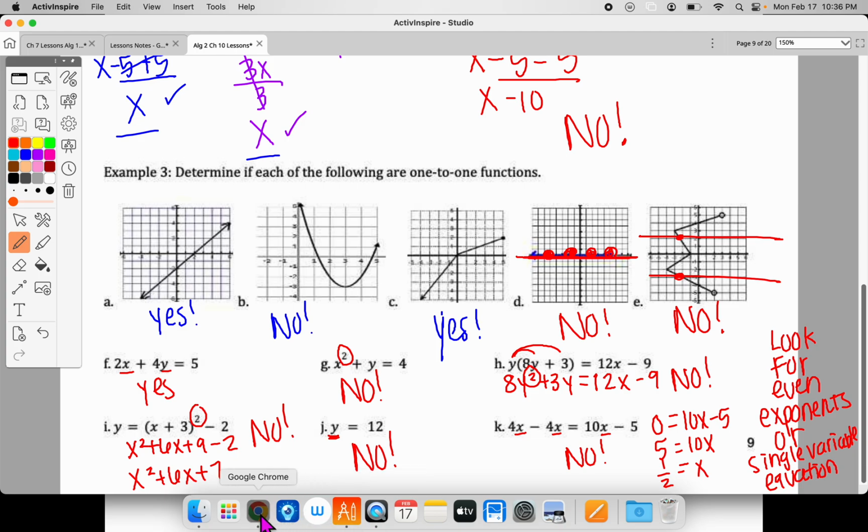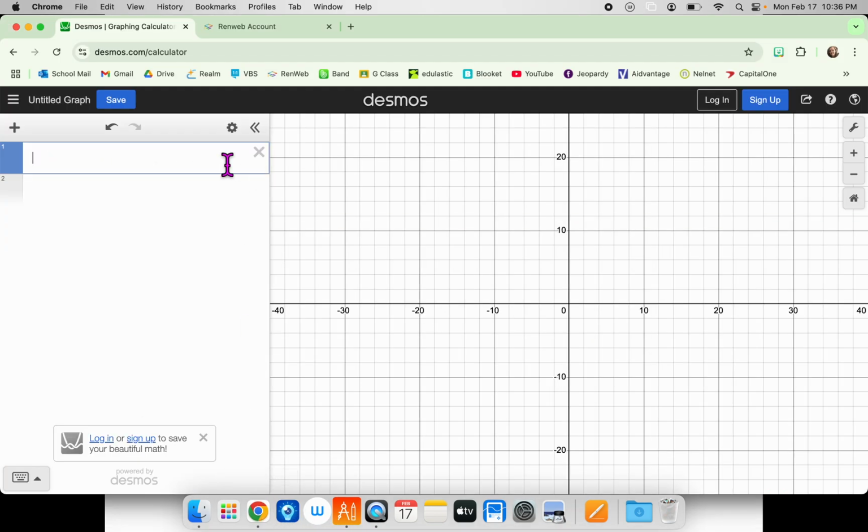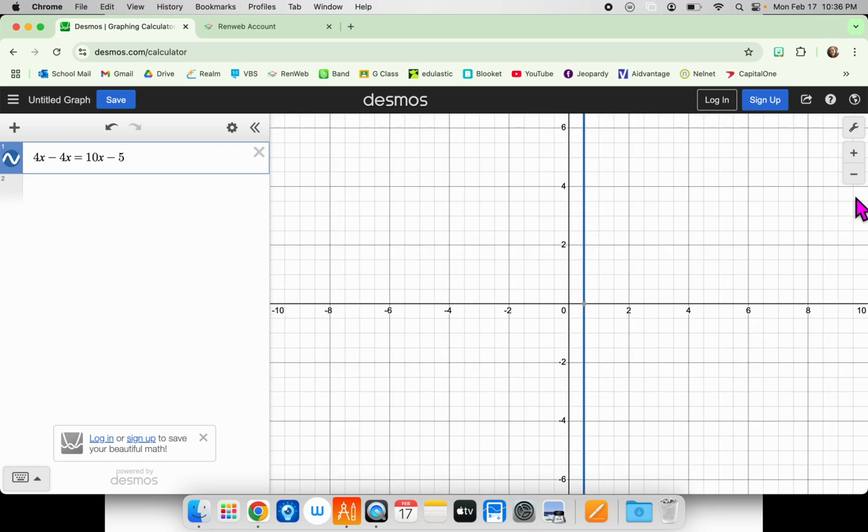But it doesn't matter because it's still only one variable. So if I were to plug this in, equals 10x minus 5, this one gives me a vertical line because it's just x values. So that's not going to pass the horizontal line or the vertical line test this time.